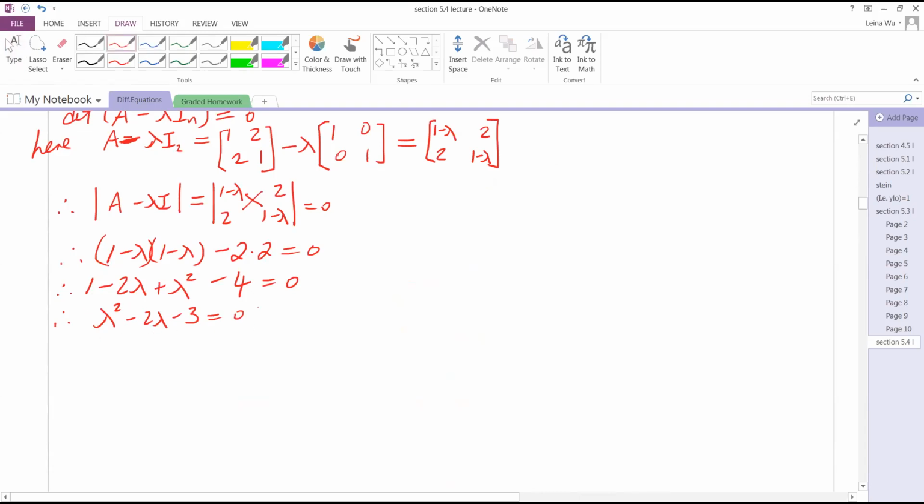This is the simplified equation, which is the characteristic equation. The characteristic equation is a polynomial equation in the variable lambda.